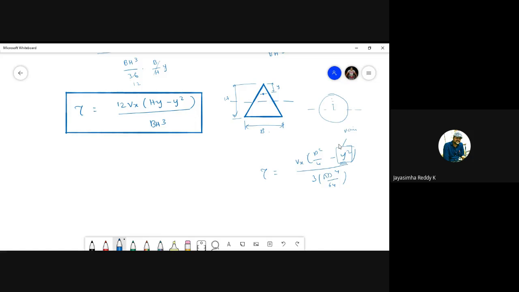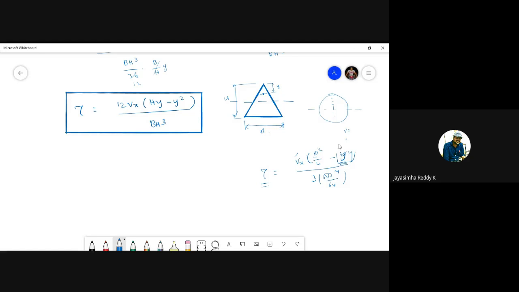So y varies. But if you observe the remaining terms, d is the diameter of the circle, does this change, students? No. Vx, the shear force at this cross section, will also not change. So these are all constants here. Only y is variable. So that is why I have taken y is equal to 0. If I substitute anything other than 0 in place of y, this value will be less.